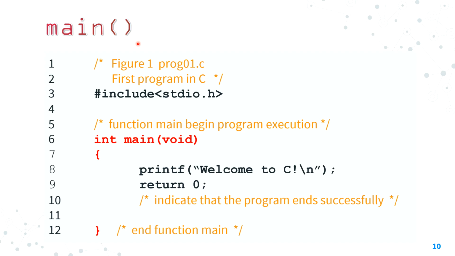The main function serves as the starting point for program execution. So it is placed here before the opening bracket. The main function usually controls program execution by directing the calls to other functions in the program.